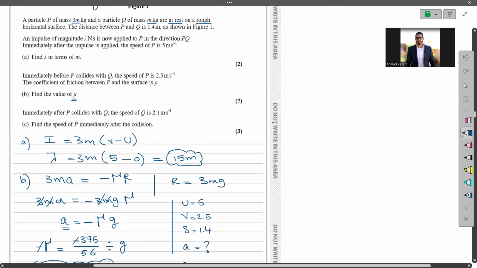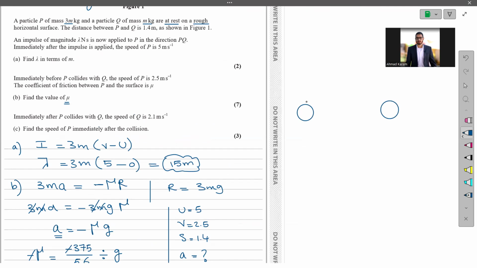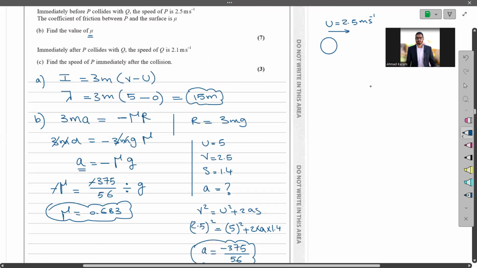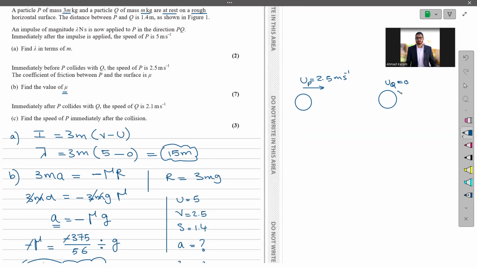So we can write it here: we have particle P and particle Q. P has initial velocity u of 2.5 immediately before colliding with Q, and for Q, u_Q equals 0, it's at rest. v_Q, he gave it to me, the speed of Q is 2.1, and we need to get v_P. This is 3m, this is m.